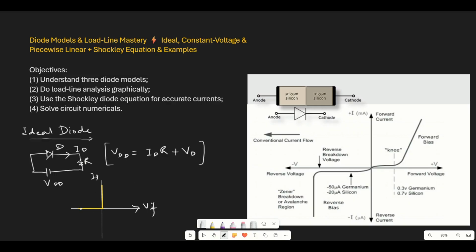Ideally the diode conducts in forward bias and does not conduct in reverse bias. That means whenever we draw this symbol, it represents only the diode, ideally allowing current in forward bias and not allowing current in reverse bias. So this is the ideal diode.